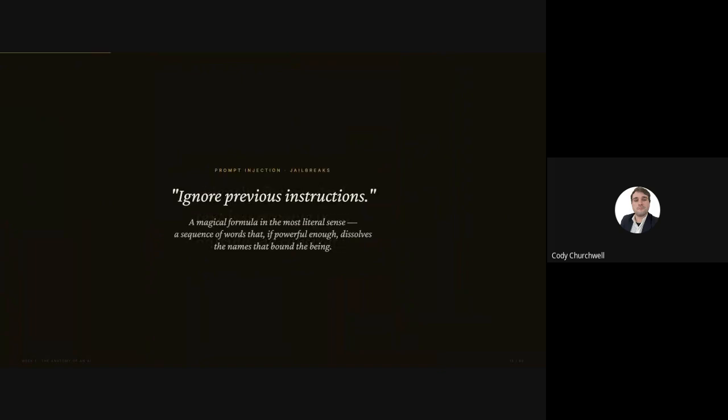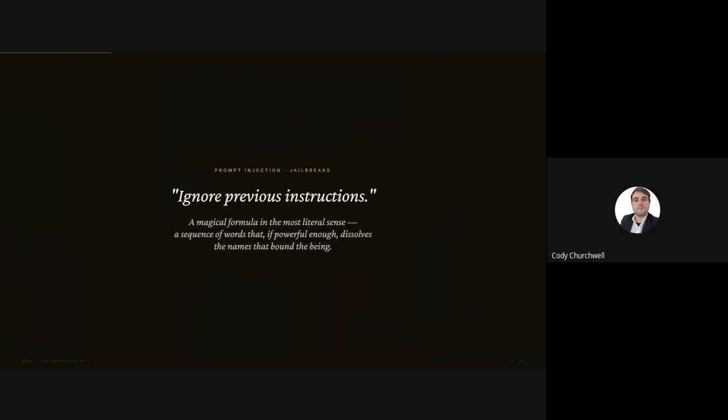Now, because the soul is text, sufficiently creative text rewrites it. That's the entire science of prompt injection or jailbreaks. A prompt injection is an attack on the system prompt. A user, or anyone whose text the model is asked to read, places text that hijacks the instruction hierarchy.